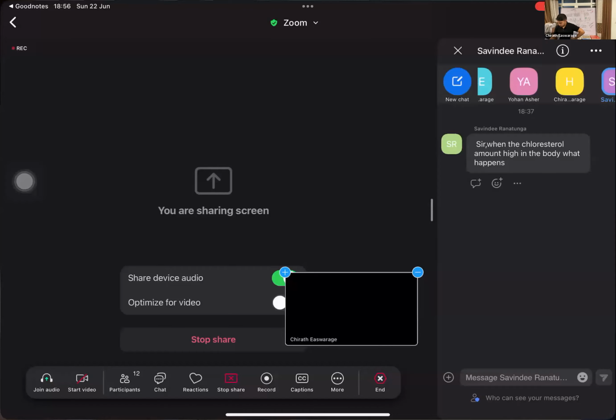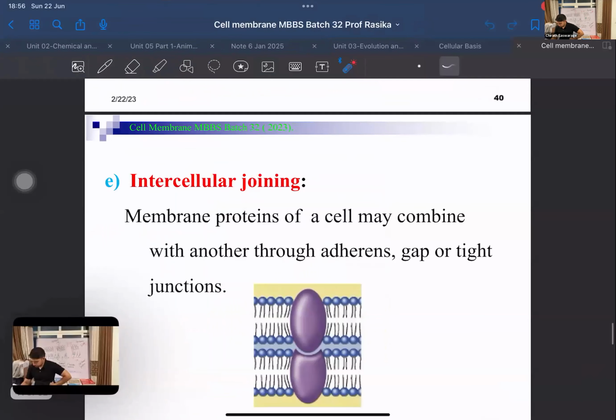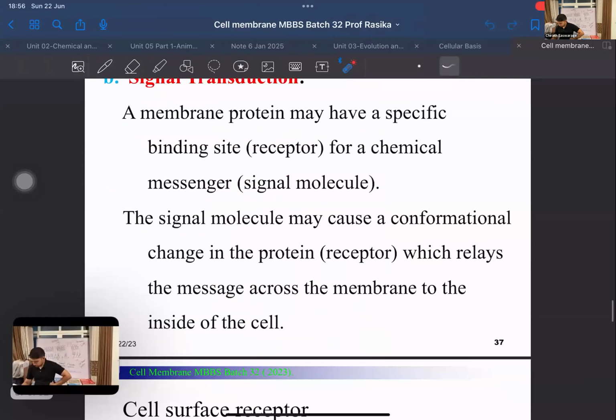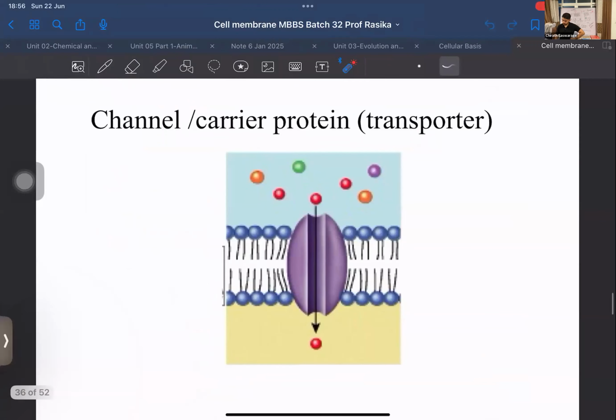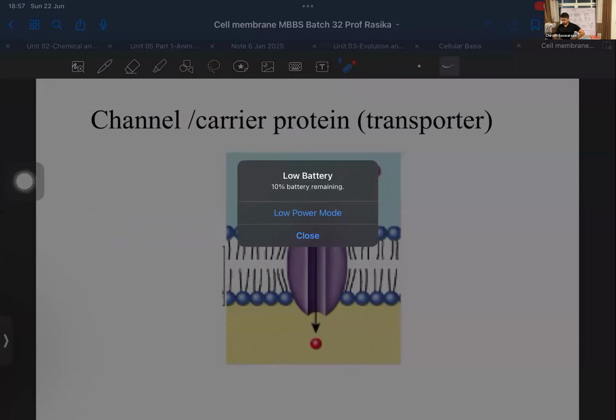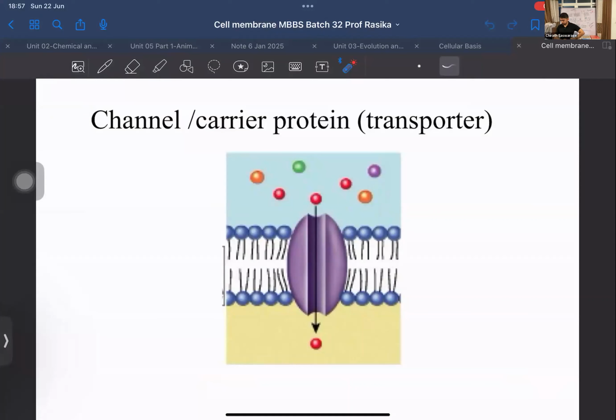So I have diagrams for each of these. A transport protein looks like this. You can take a screenshot if you want. Can you see? There are molecules outside and they can come into the cell through this transmembrane protein with a channel.